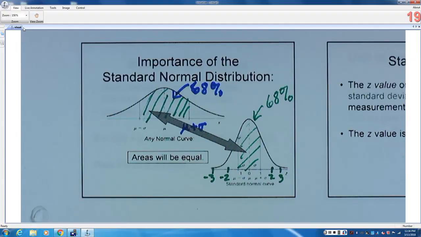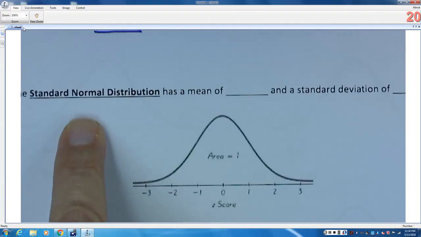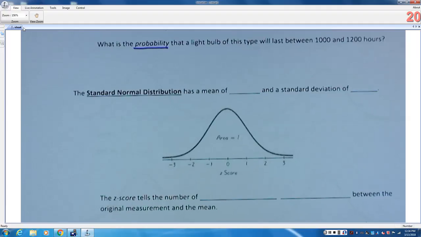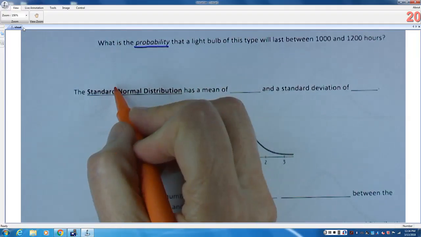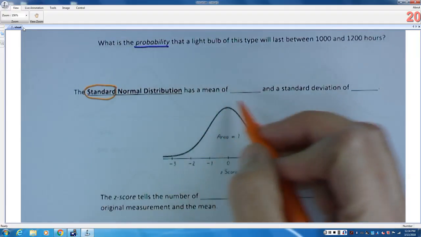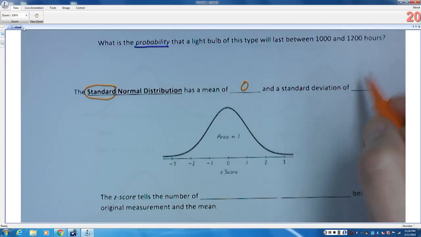And so this is the time before calculators. So they came up with a standard normal curve. The standard normal curve. So it does say the word standard. It has a mean of 0 and a standard deviation of 1.